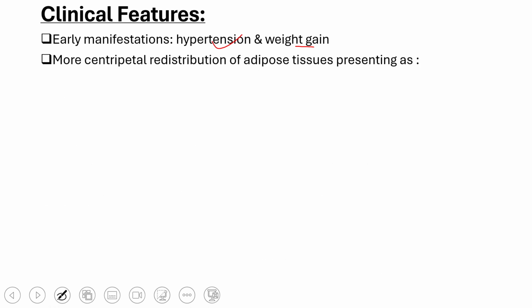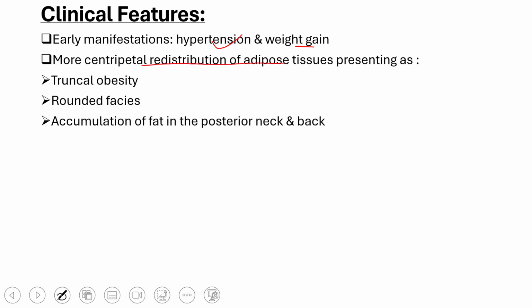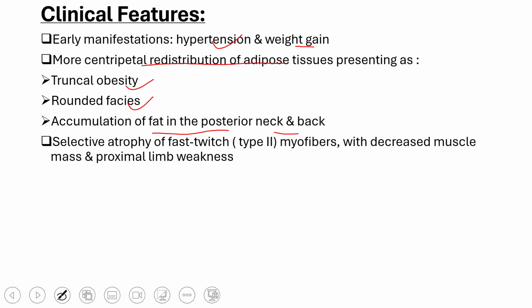And also there is a centripetal redistribution of adipose tissue that presents as truncal obesity, a rounded face, accumulation of fat in the posterior neck and back, that is called the buffalo hump, and selective atrophy of fast twitch, that is type 2 myofibers, with decreased muscle mass and proximal limb weakness.